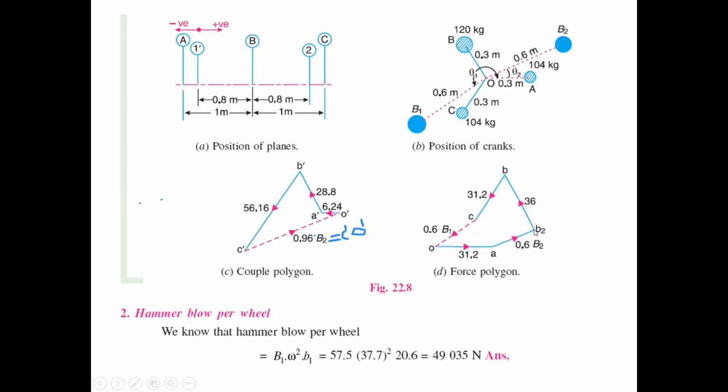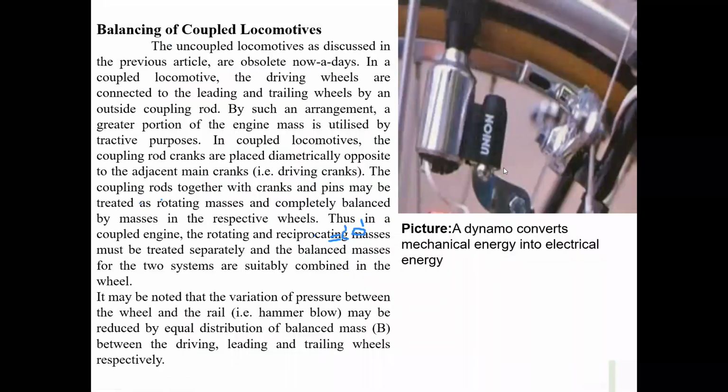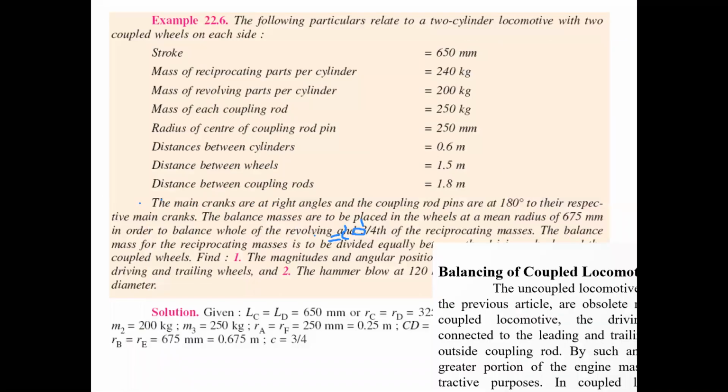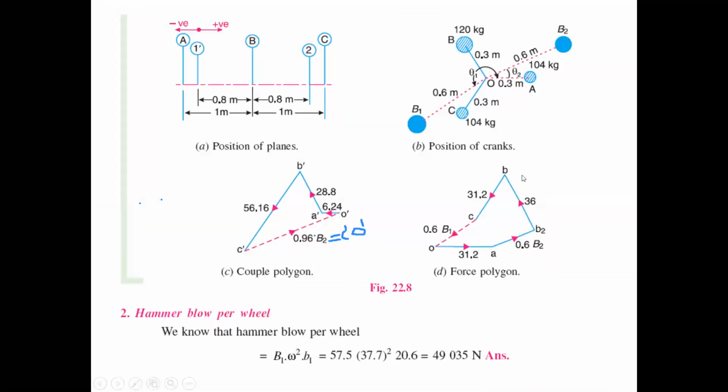And later the MB direction and their value. That value is 36, that means 3.6 centimeter. Just draw that vector, and the last one is our MC direction. Draw the parallel line to MC, and their value is 31.2.